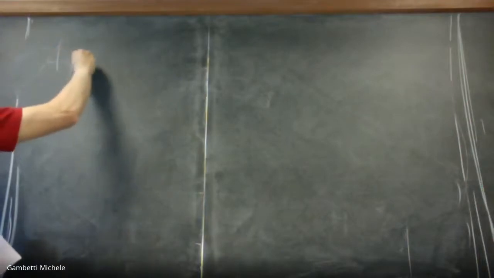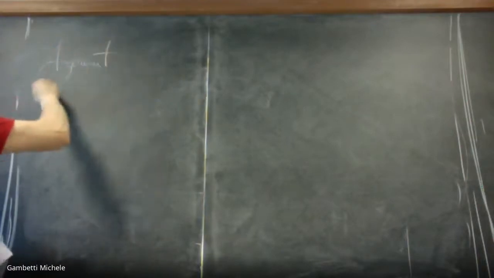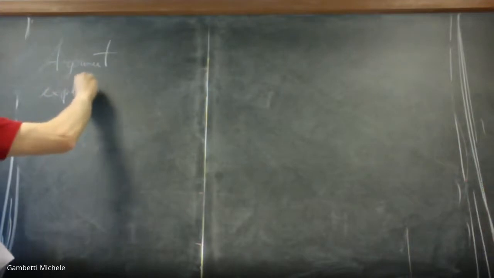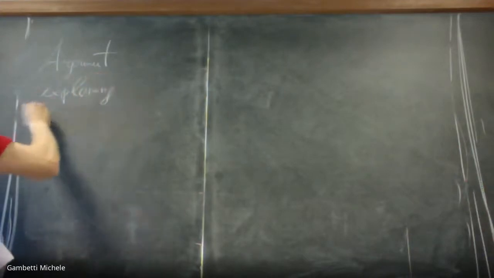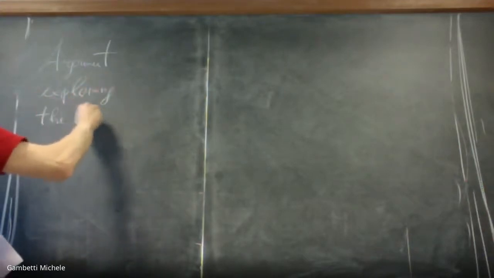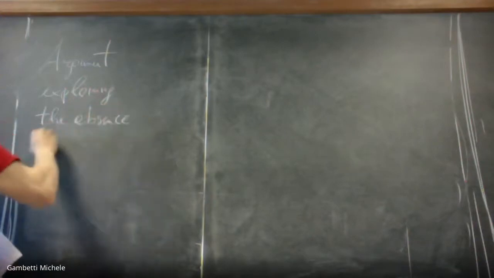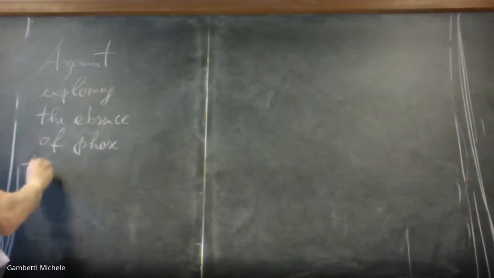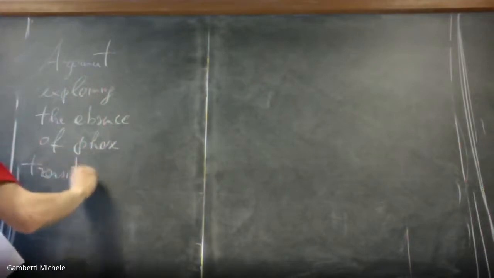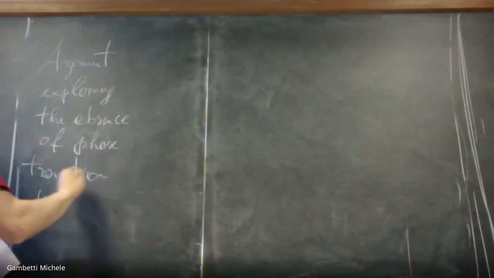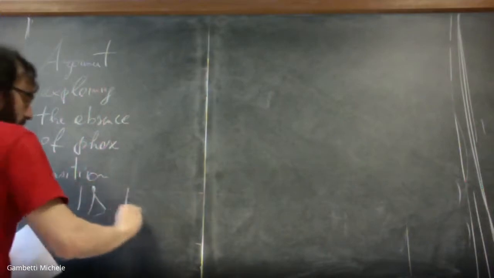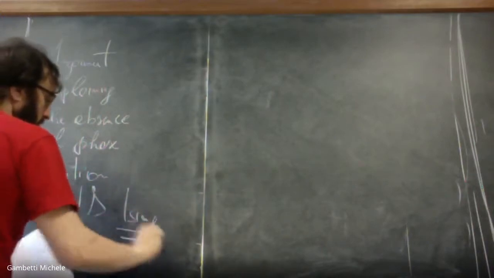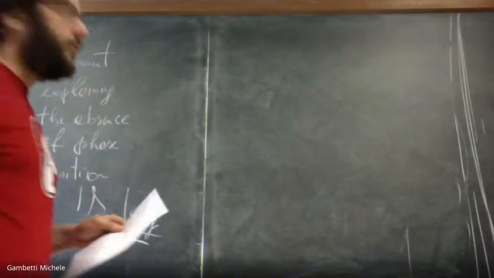Now, this is a nice argument explaining the absence of phase transition in the one-dimensional Ising model. So the argument is the following.